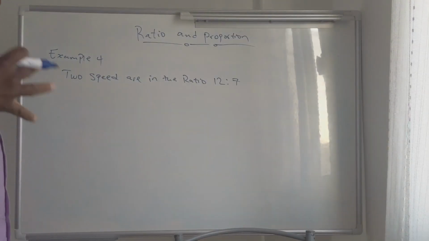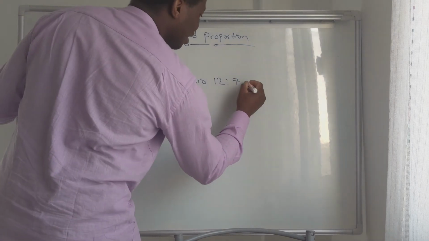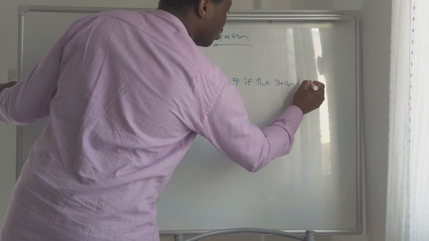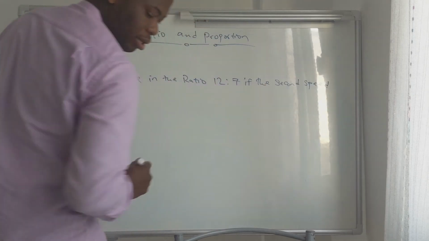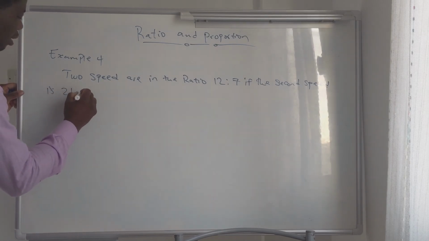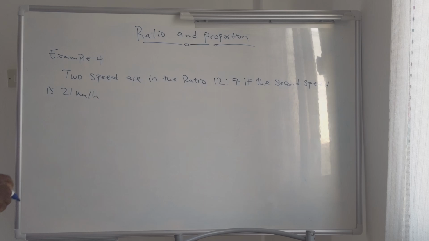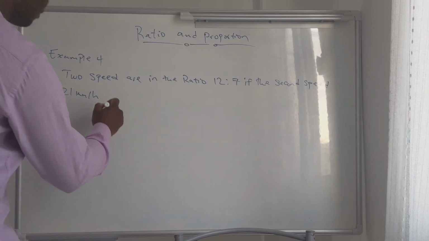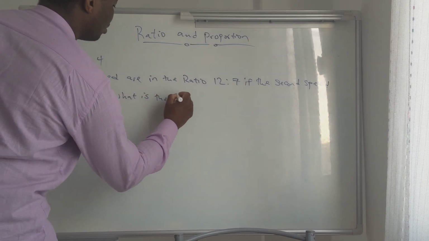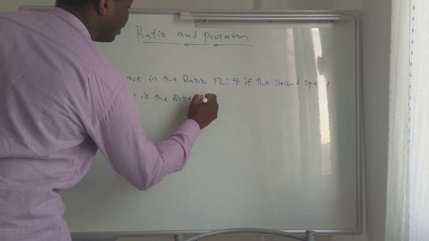If the second speed is 21 kilometers per hour, what is the first speed per hour? What is the first speed?